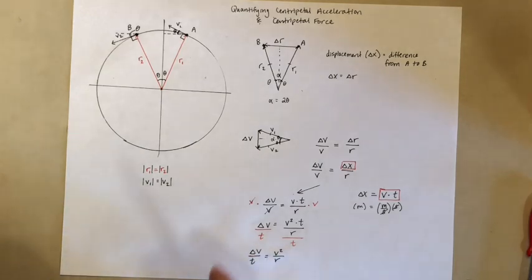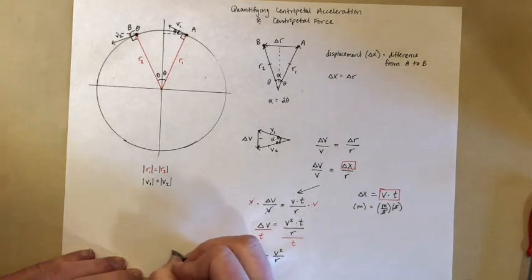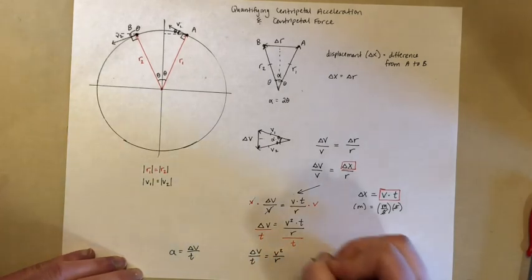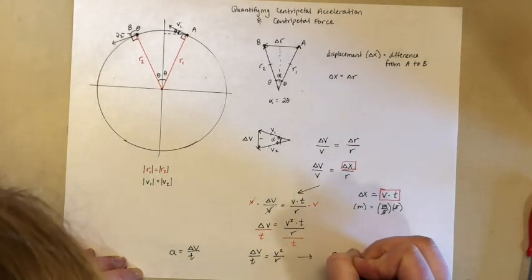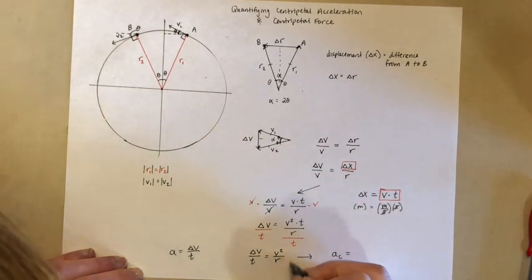So this is indeed that centripetal acceleration. We can quantify the acceleration, how much the velocity is really changing by, even though it's just changing its direction. Delta V over T is acceleration, right? That is the definition of acceleration. So really, the centripetal acceleration can be given by this expression here.